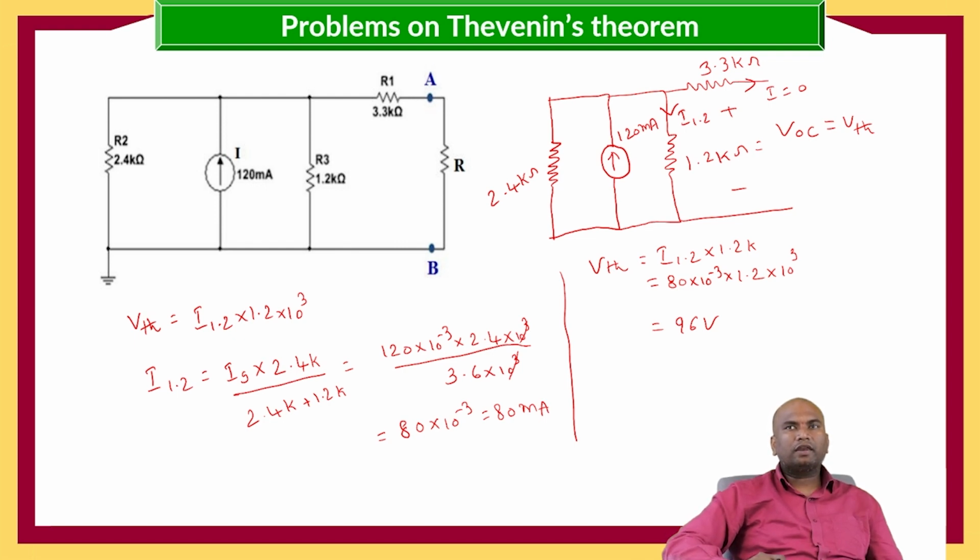Now we need to calculate the RTH. For calculating RTH, we need to replace the current source with an open circuit. Here we are having the current source. The current source can be replaced with an open circuit.